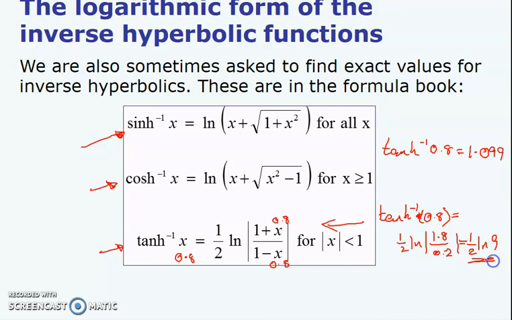Interestingly, when you do logarithms, the half can move, so that becomes log 9 to the half. And log of 9 to the half is log of 3. Any one of these three you could type into your calculator. I'm just tempted to see what it is now. I'm going to type in log of 3, and it's 1.09. So this is a way to get an exact answer for these hyperbolic inverse functions.